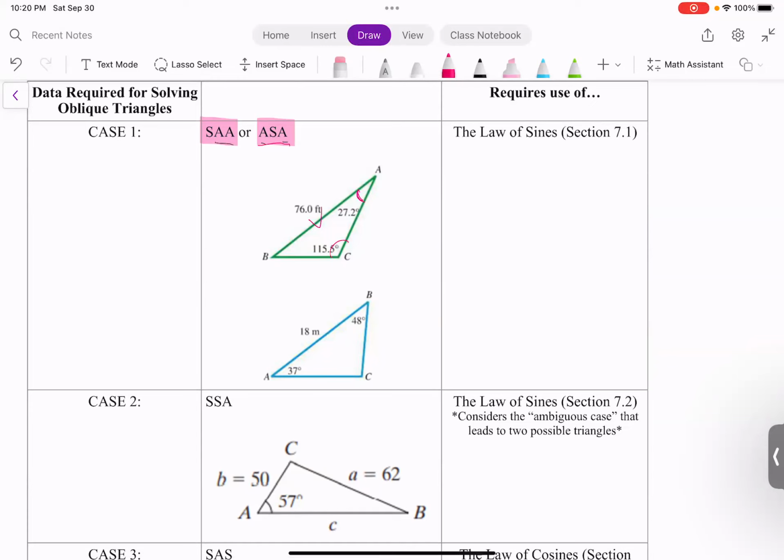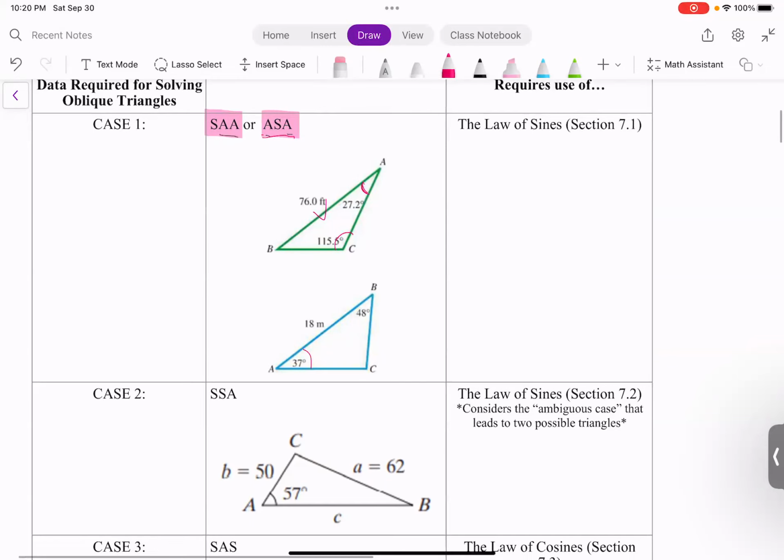The two A's mean the angles here and here, and the S means the side between these two angles. These two cases represent one case, because if I have two angles, I can find the third angle.